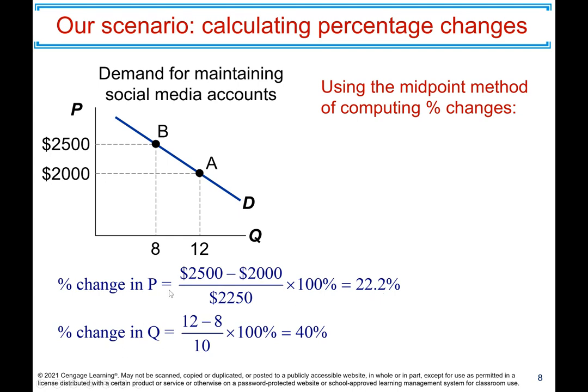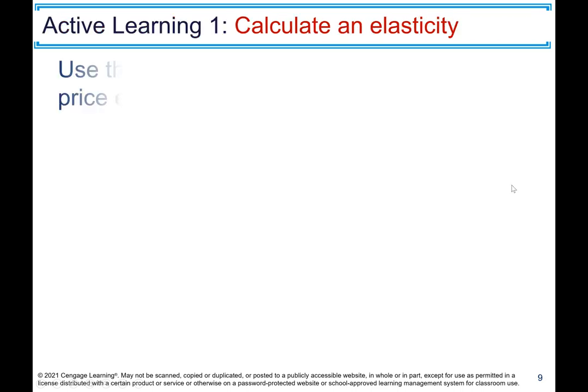The change in quantity is the end value, which is 12, minus the start value, which is 8, divided by the average of these two numbers, which is 10. You multiply by 100 and get 40%. Price elasticity, therefore, is 40% divided by 22.2%, which is equal to 1.8.